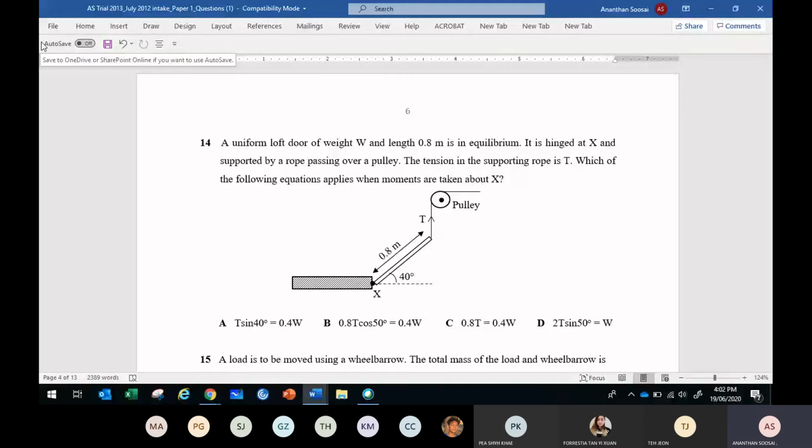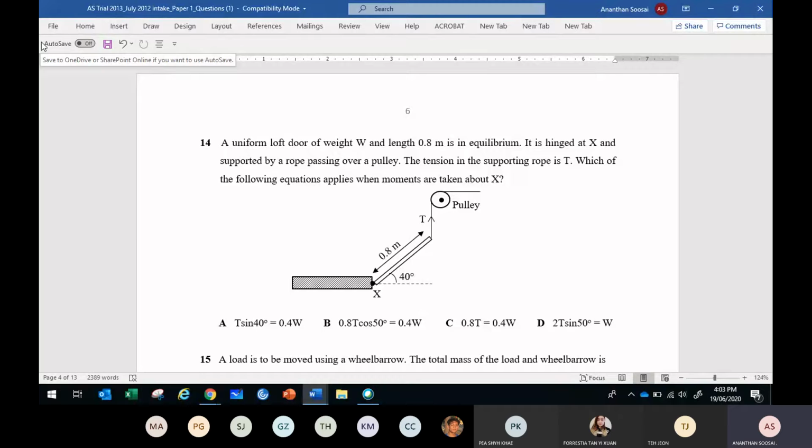This is moments, your fifth topic. Torque is force times perpendicular distance, right? A uniform door of weight W and length 0.8 meter is in equilibrium.